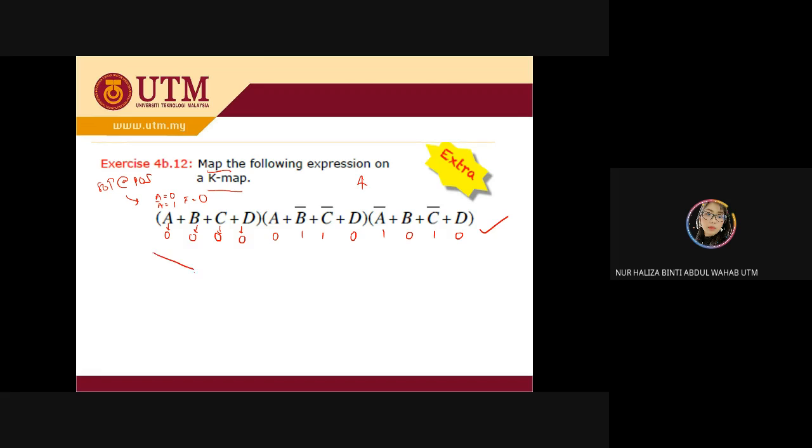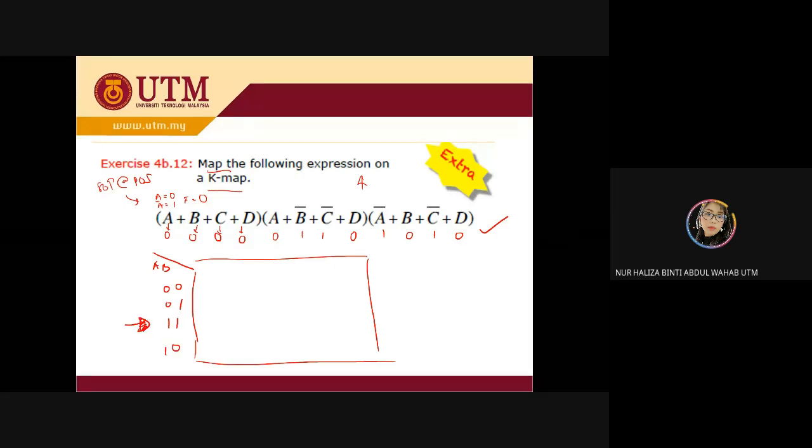Now I'm going to draw my K-map. Sorry, as usual, it's going to be ugly. 0, 0, 0, 1, 1, 1, 1, 0. So I always remind you, don't do vice versa. CD: 0, 0, 0, 1, 1, 1, 1, 0.